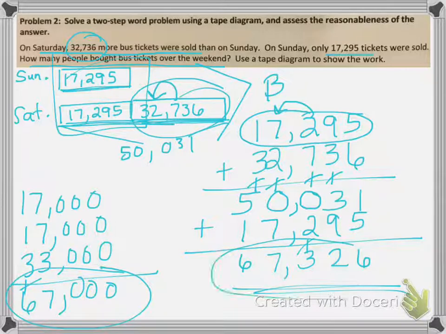Is that close to 67,326? It sure is, because if we rounded to the thousands place, that 3 would tell that 7 to stay down low, so it would round to 67,000. So that's checking the reasonableness of our answer, and our answer is reasonable based off of our estimate of 67,000.